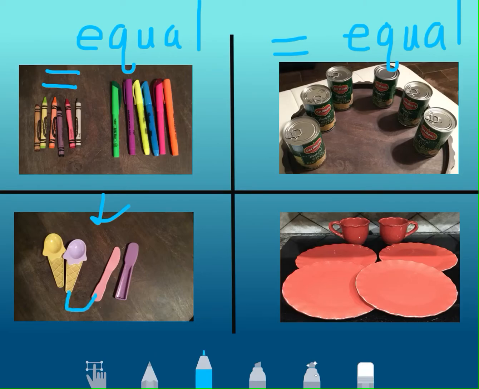This one has a partner and this one has a partner. Are there any spoons or knives that do not have partners? No. So that group is equal. 2 and 2. So they are equal.